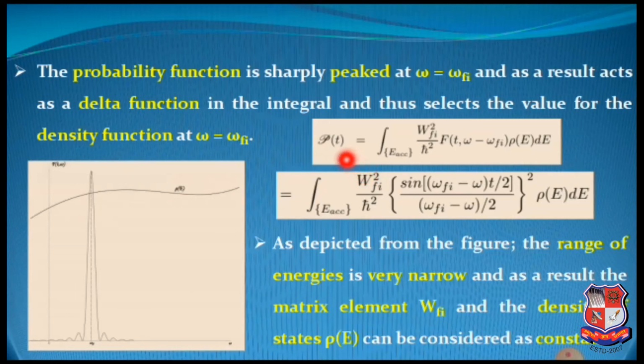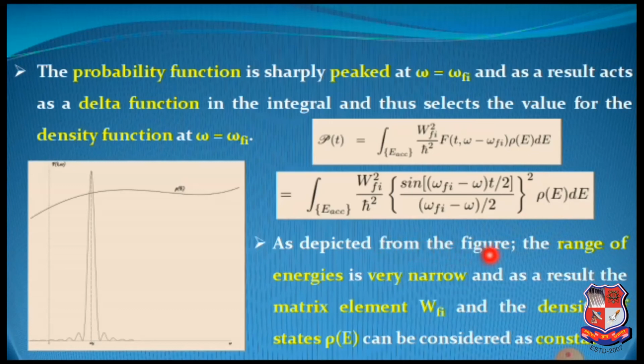We can easily write rho(t) is equal to the integration over E' of |Wfi|² upon h cut squared, with the density function, sine squared of (omega fi minus omega) t by 2 divided by ((omega fi minus omega) by 2) squared, times rho(E) dE.